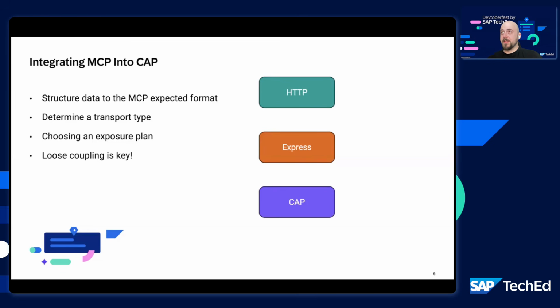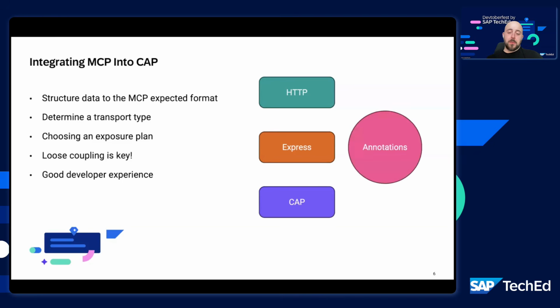We did not want to make it hard for the developers either. So we had in the back of our mind that we need to keep a good developer experience, and the way you do that with CAP, where you don't have to write too much custom code that needs maintenance, is through annotations.